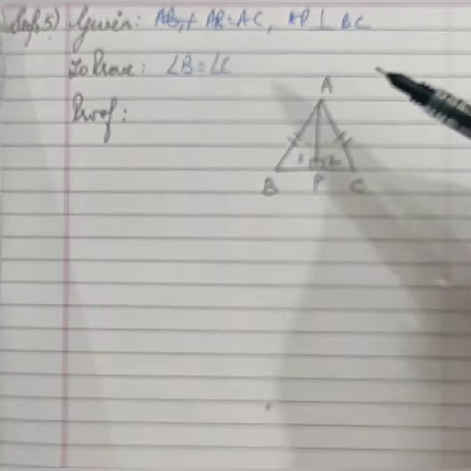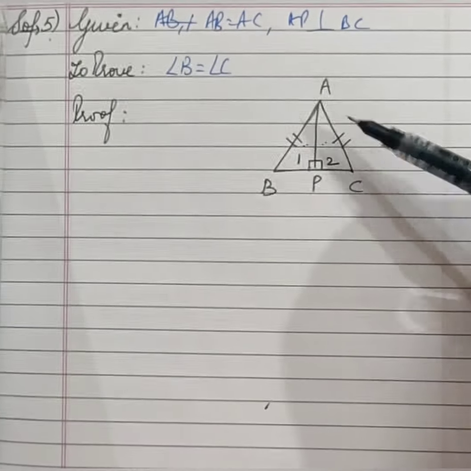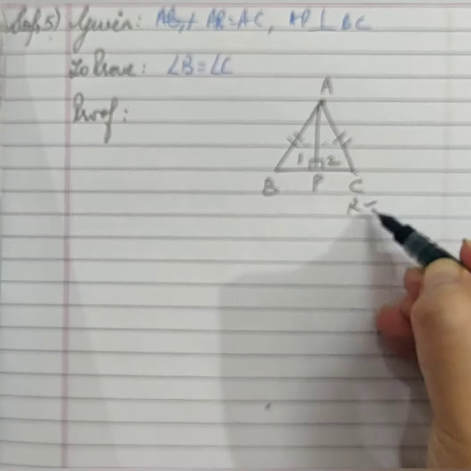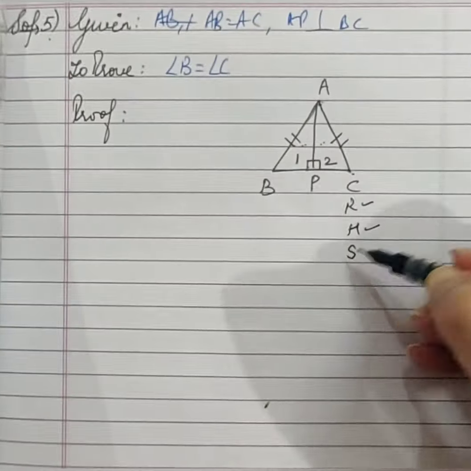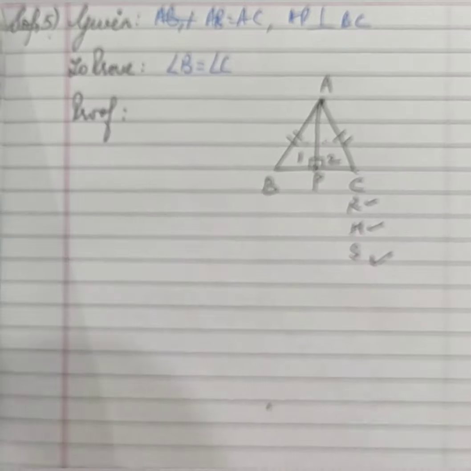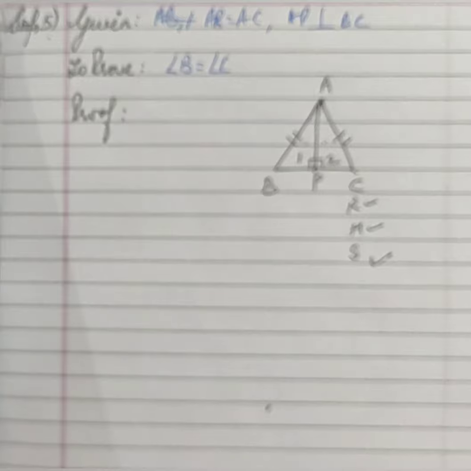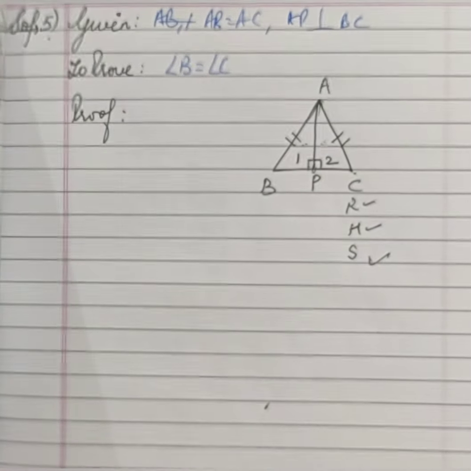The second condition is this hypotenuse AB is equal to hypotenuse AC. So R condition is satisfied, H condition is satisfied, and how to see this S condition? See, AP is common in both the triangles. So side condition is also satisfied. So by RHS congruence, the two triangles are congruent. And by CPCT, we can say angle B is equal to angle C.